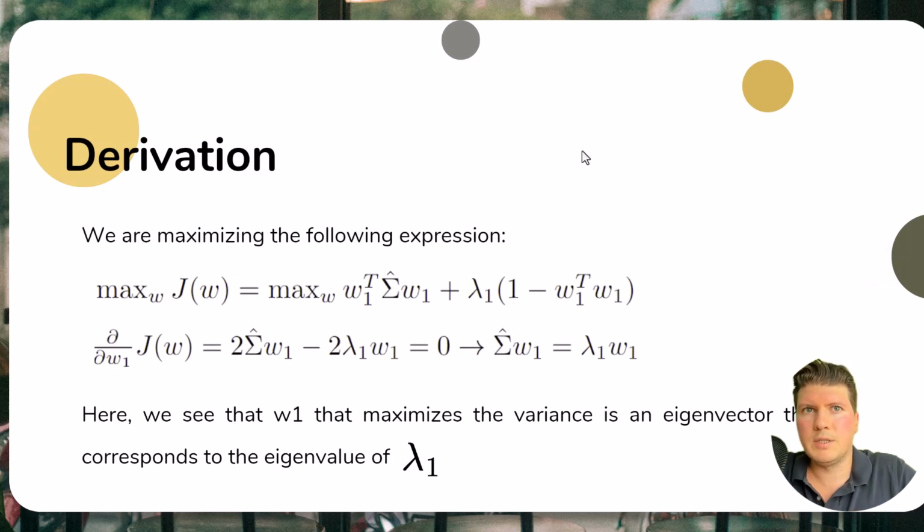We are maximizing the expression below, which consists of our original objective, the variance of the projected data in 1D, and the orthonormal constraint term multiplied by Lagrange multiplier lambda 1. Taking the derivative with respect to W1 and setting it to 0 gives us the following expression. Sigma W1 is equal to lambda 1 W1, in which we recognize that the optimum W1 is an eigenvector of the empirical covariance matrix sigma.